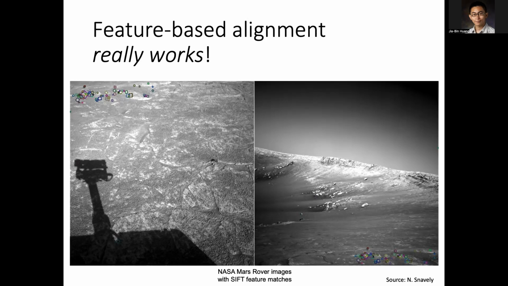Even traveling at the speed of light, you still couldn't control it, so everything needs to be automatic. This is how the NASA Mars rover operates on Mars. It captures a panorama of the scene so that it can navigate, and it can send a stitched panorama back to Earth. They need to find the matchings and then align them so that they can create a panorama.